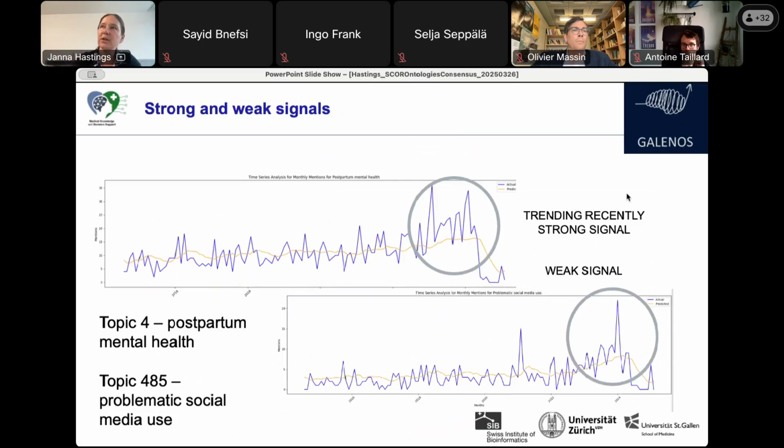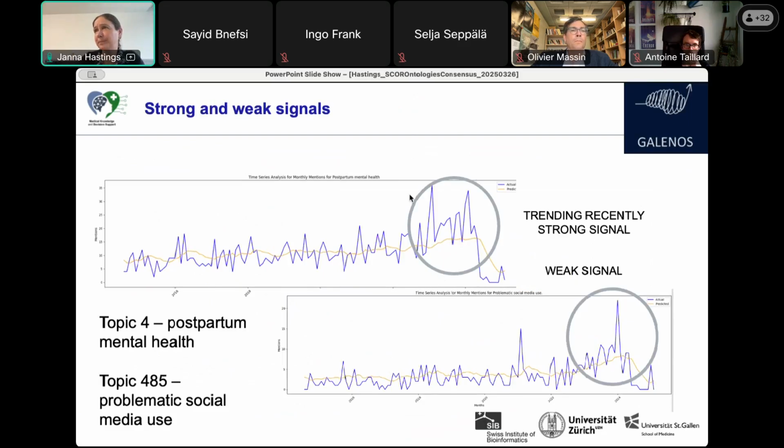So what you see here, the orange line, is a fitted predictive line over this time series data set. And we've defined topic trendiness in terms of the divergence of the actual mentions of the topic relative to this fitted predictive line.